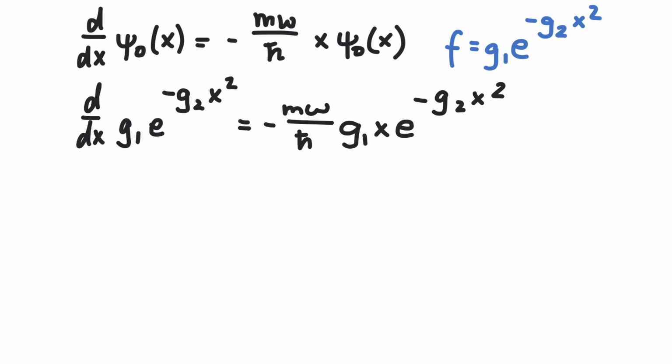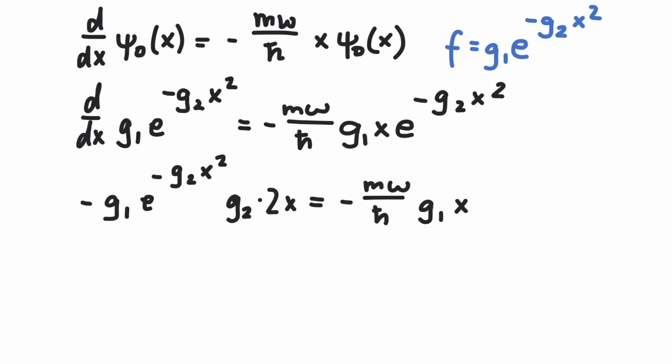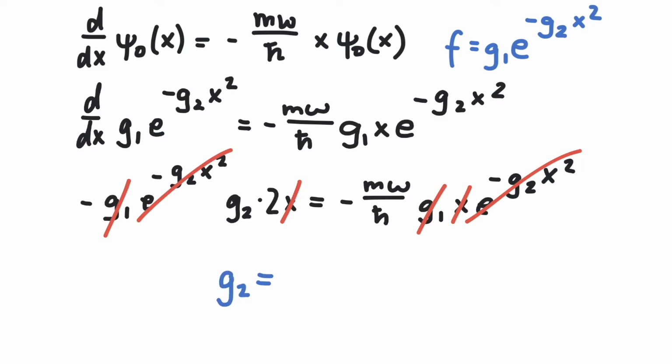We apply the derivative, cancel some factors, and we're left with the result for g2. g2 is mω over 2ħ, and this is precisely 1 over 2x0 squared.